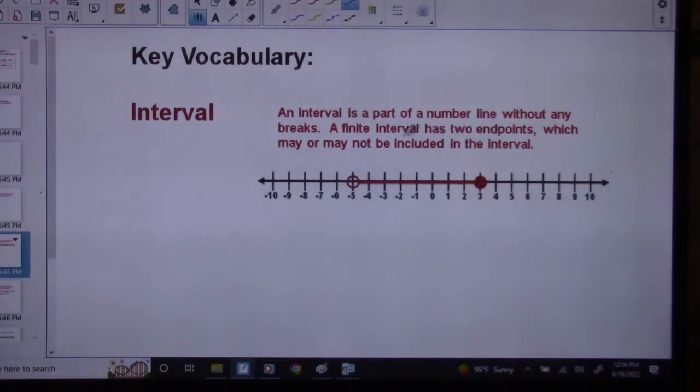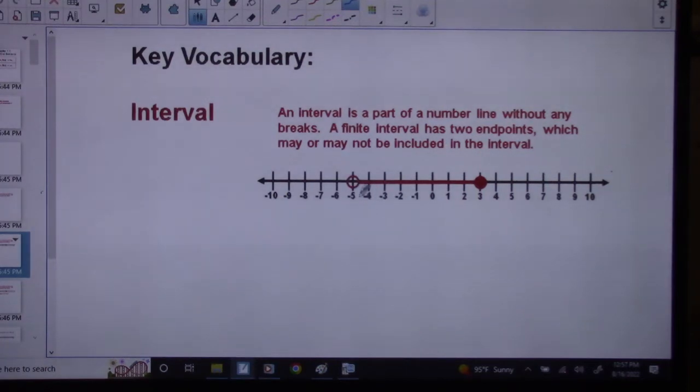And so a finite interval has two endpoints. And so is this a finite interval we're looking at here? Yes, it is. It says two endpoints which may or may not be included in the interval. And do you see any breaks between -5 and 3? No breaks, right? And you see two endpoints, and then it says which may or may not be included.